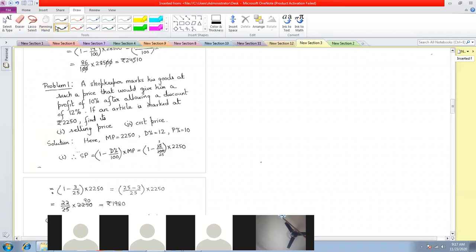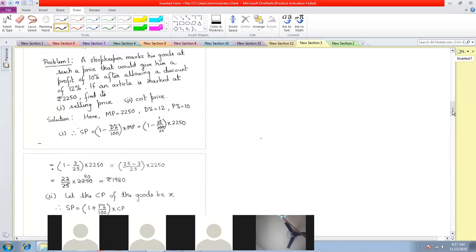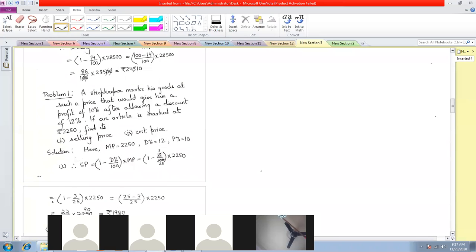A shopkeeper marks his goods at such a price that would give him a profit of 10% after allowing a discount of 12%. Remember, whenever discounts are involved, and if you don't know the mark price, please assume the mark price to be X always.